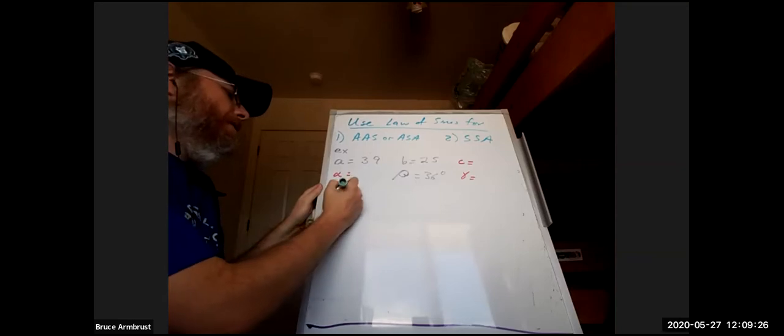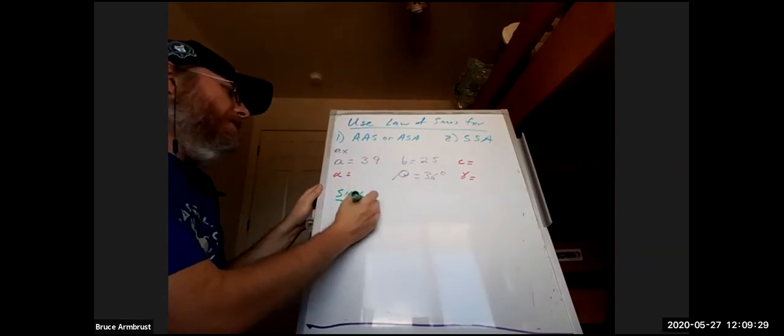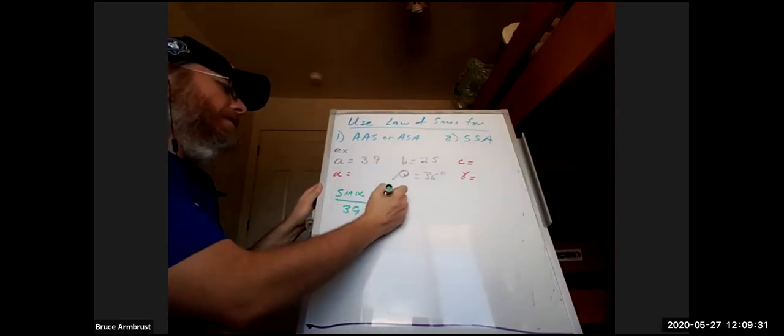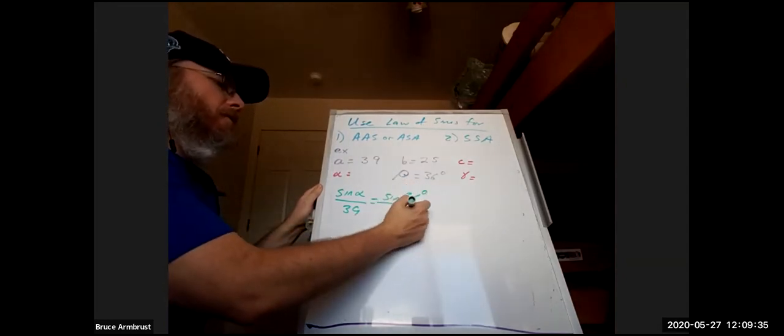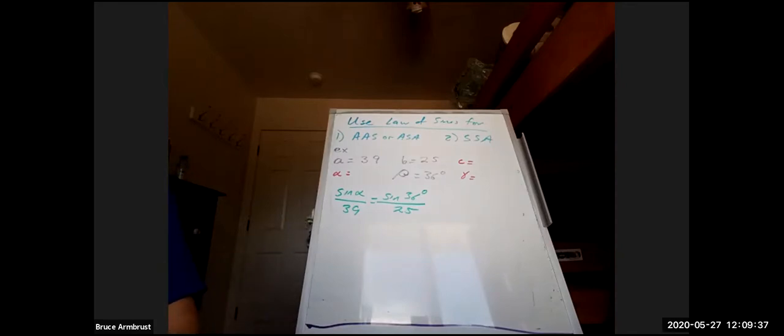So let's write this as sine of alpha over 39 is equal to sine of 36 over 25. This time I put the sines on top. Really, the reason for that is that's what we're solving for. I always go for what we're solving for on top.